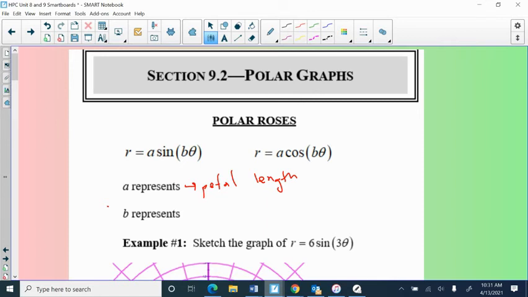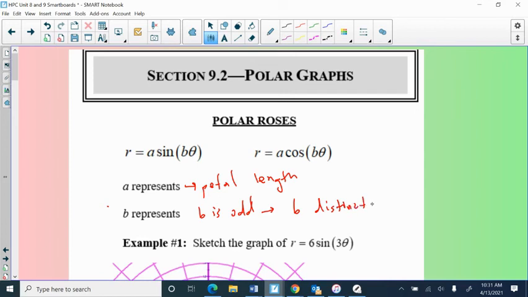If you look at when B is odd, then there are B distinct petals.